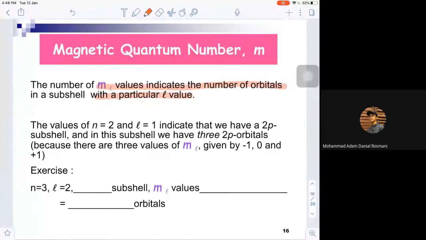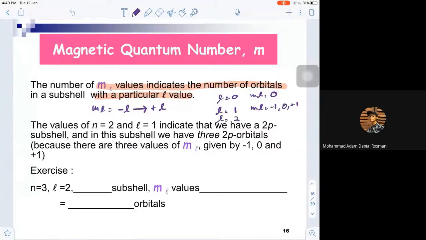It is because the ML value is actually negative L to positive L. So if your L is equal to 0, the ML will be 0 only, because it is negative L to positive L. But if L is equal to 1, the ML will be negative 1, 0, positive 1.